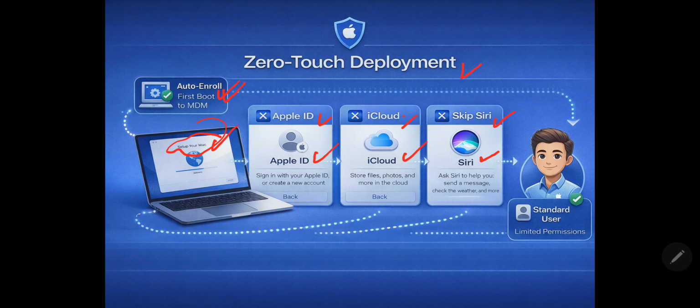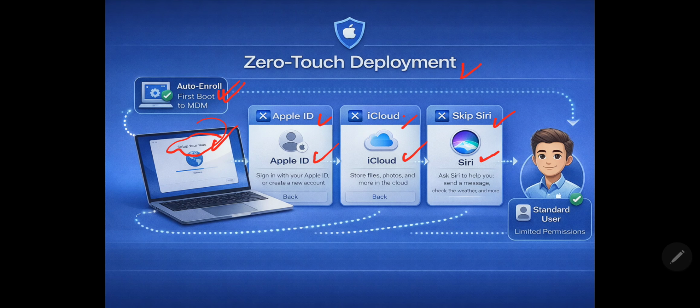Ready to use immediately. After the setup is complete, the device is fully configured and ready for work straight out of the box. Okay, it is very important for you. You need zero touch deployment because it makes your setup faster.